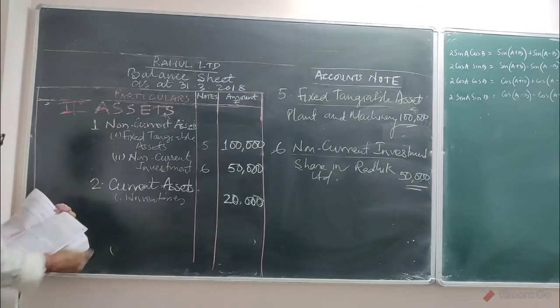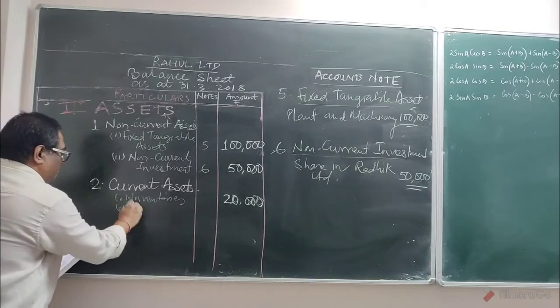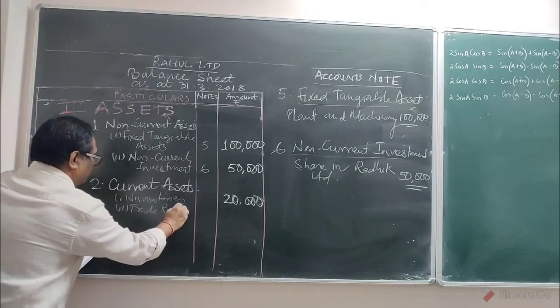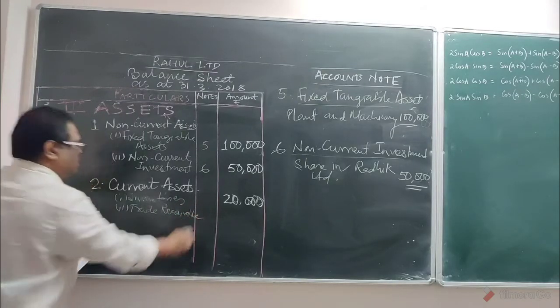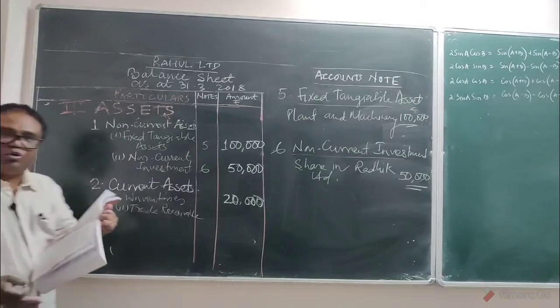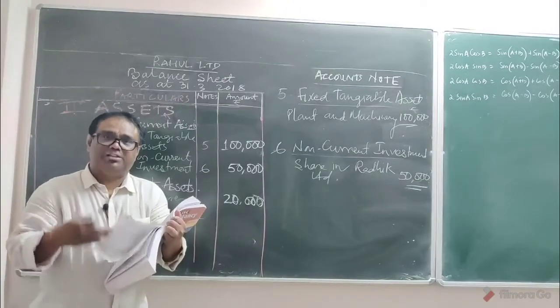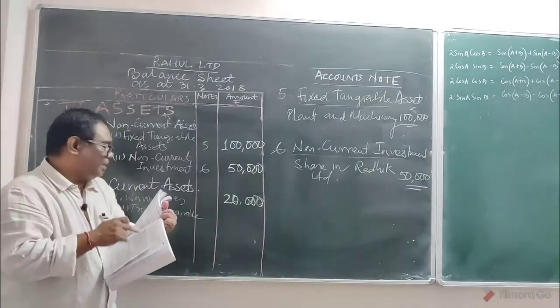Next we have trade receivable. In other questions we may get sundry debtors and bills receivable, and these two items come inside trade receivable.